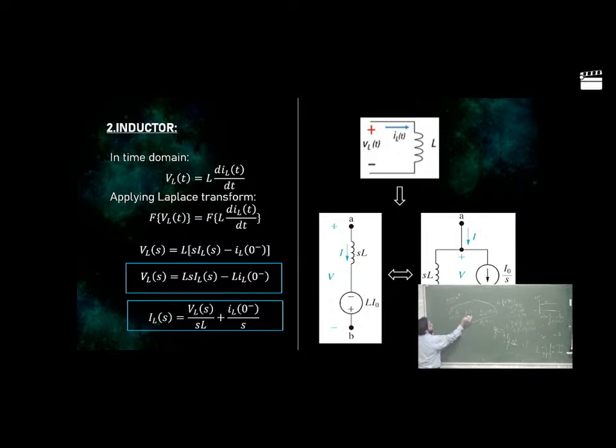Now suppose you take the Laplace transform, it will be 1 by s minus 3. So s times F(s) will be s by s minus 3. As s tends to infinity, dividing both sides by s, we get 1 by 1 minus 3/s, which equals 1. So you will get the same values in this case.